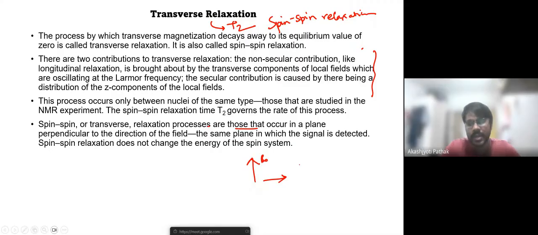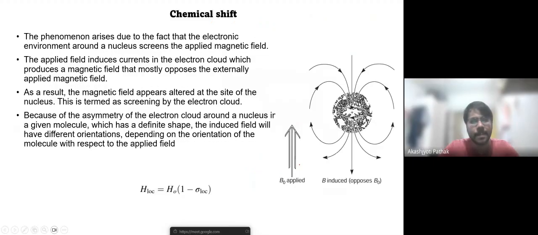There are several equations and a lot of quantum calculations to understand how this takes place, which we can see in the upcoming slides. But today let's just understand the basic concepts.